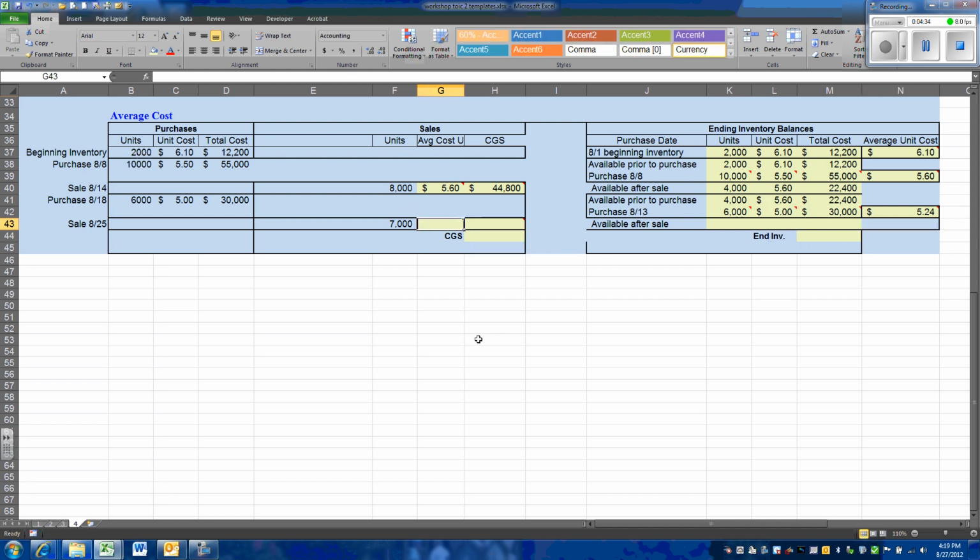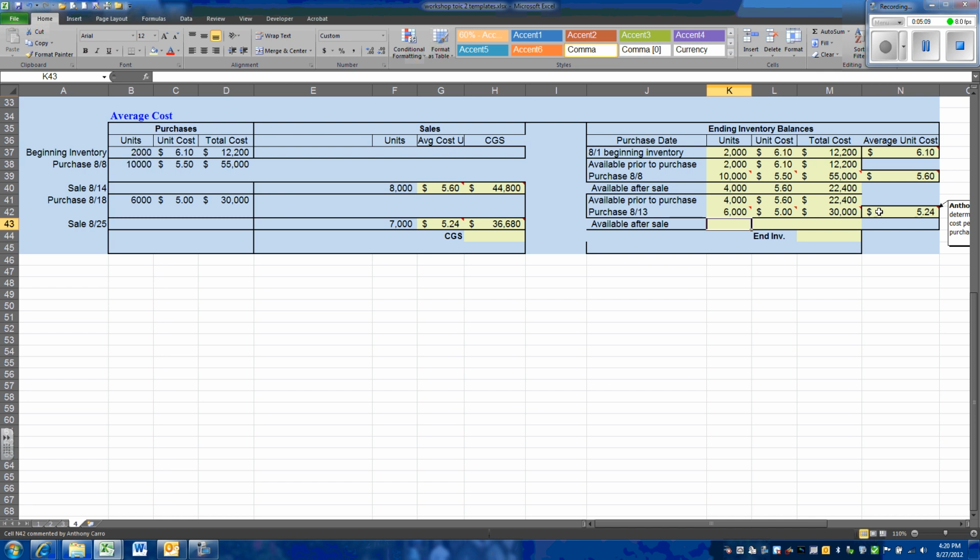We'll use that new average cost per unit for our calculation of cost of goods sold for the sale on the 25th, and to place a value on our ending inventory. We had 10,000 units available prior to the sale, we sold 7,000 units.